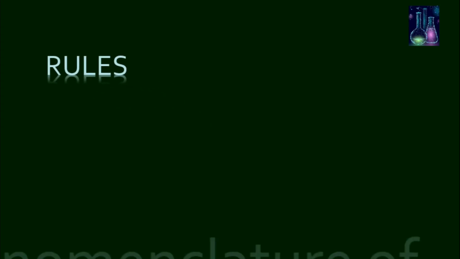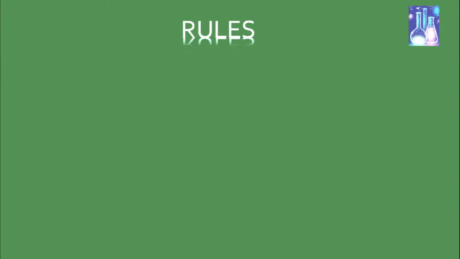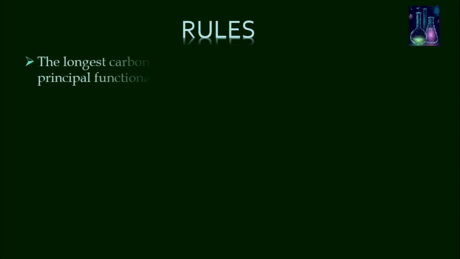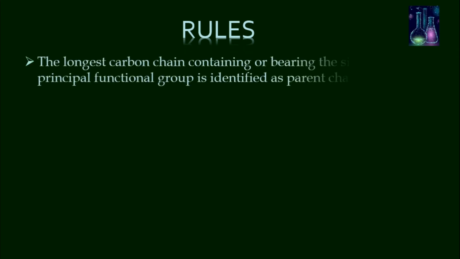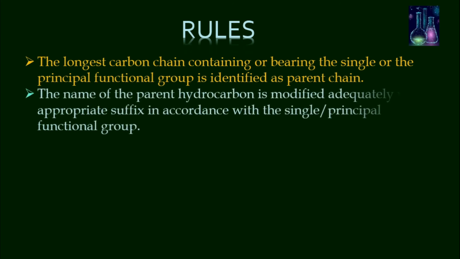Let's see the rules for IUPAC nomenclature of compounds containing more than one functional group. Rules: the longest carbon chain containing or bearing the single or principal functional group is identified as the parent chain. The name of the parent hydrocarbon is modified with the appropriate suffix in accordance with the principal functional group.